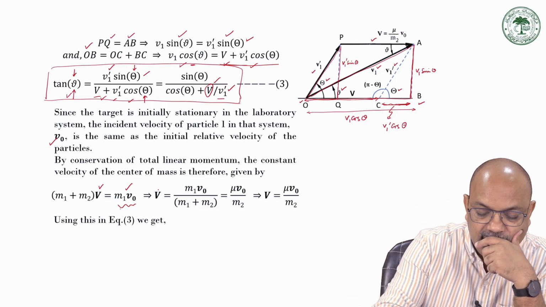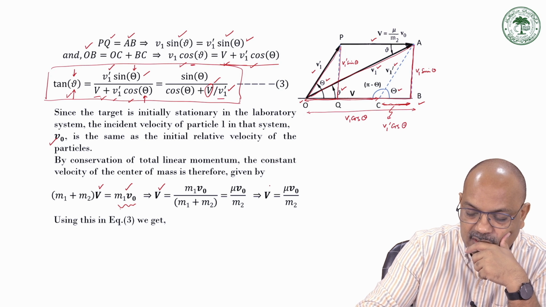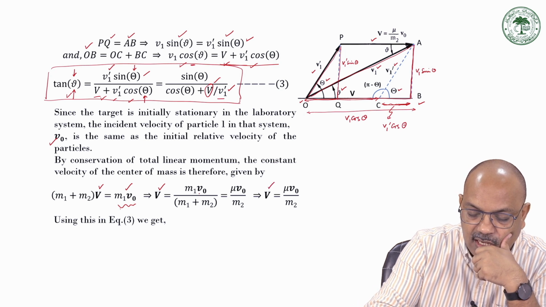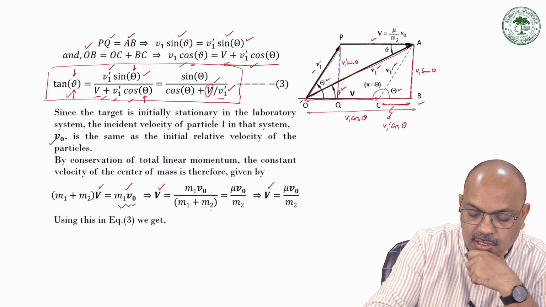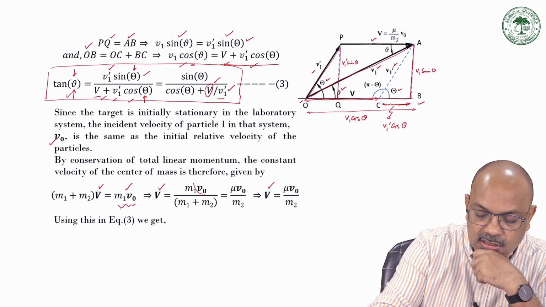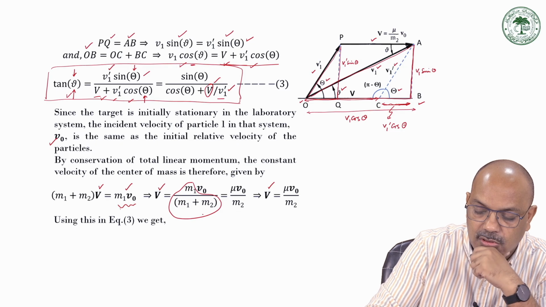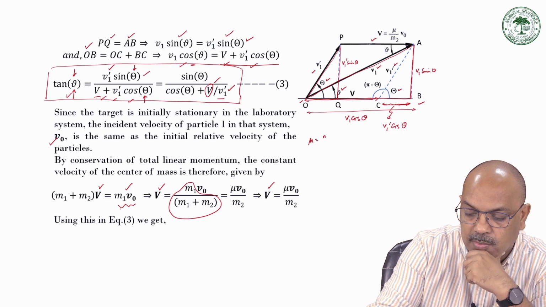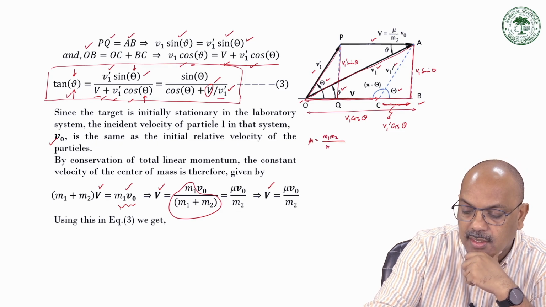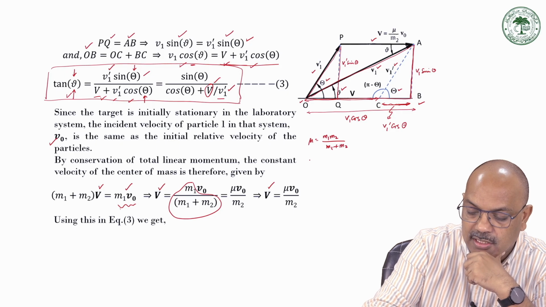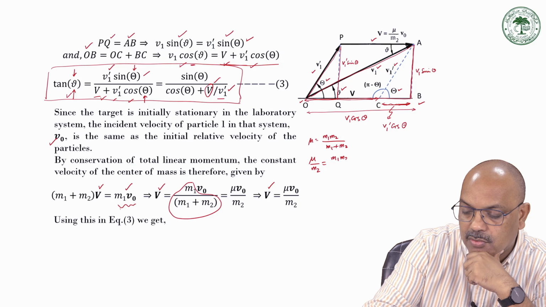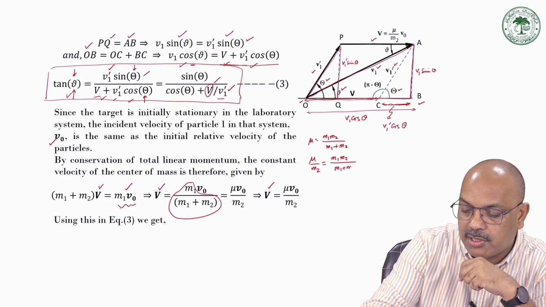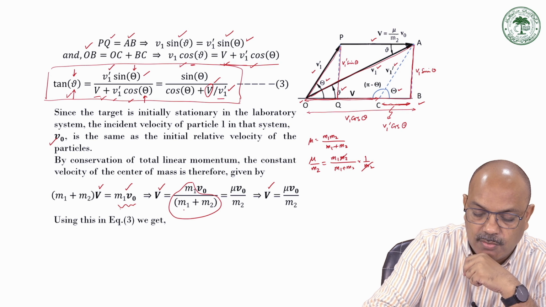From here we can find that the velocity of the center of mass is related to m1 v0 upon m1 plus m2. If we divide mu by m2, where mu is m1 m2 upon m1 plus m2, this is m1 m2 divided by m1 plus m2, divided by 1 upon m2, so this will cancel out and I have m1 upon m1 plus m2.